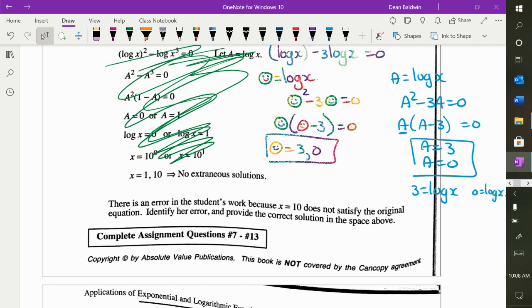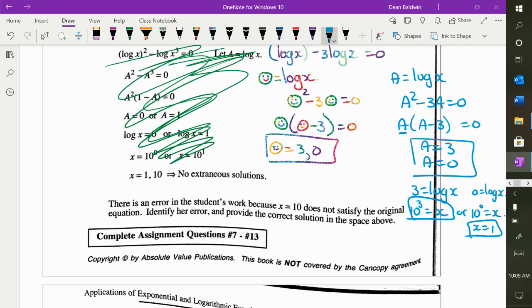Let's do 3. What base are we? 10. Change to exponential. 10 cubed is equal to x. Or 10 to the 0 is equal to x. What does 10 to the 0 give you? 1. So you can say x is equal to 1. Do those both work? Yes, they do.